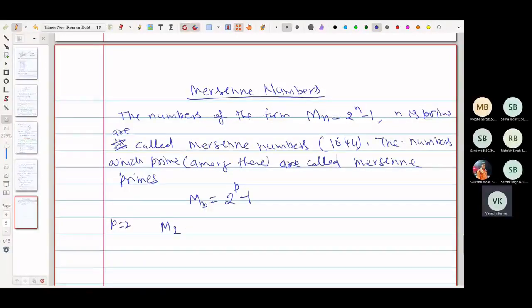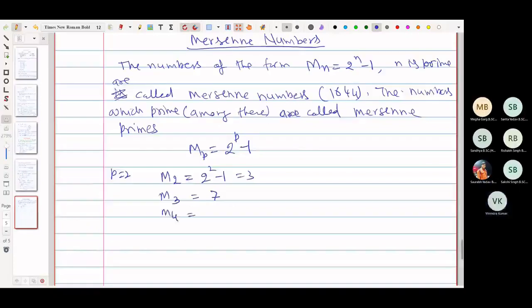So M2 is 2 to the power 2 minus 1, which is 3, and similarly M3 equals 7, M5 equals 31, and M7 equals 127, and so on.